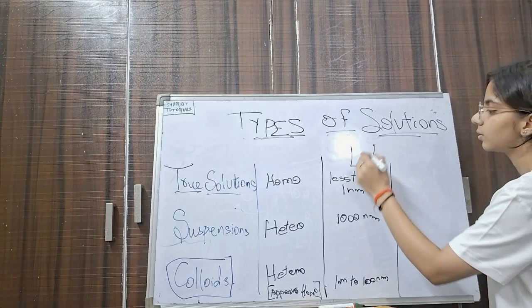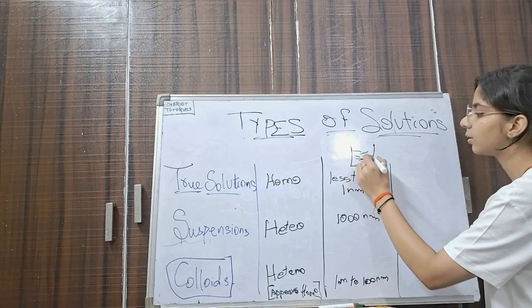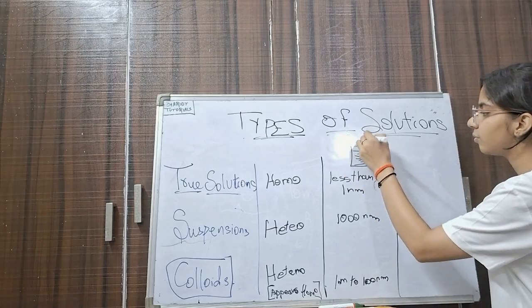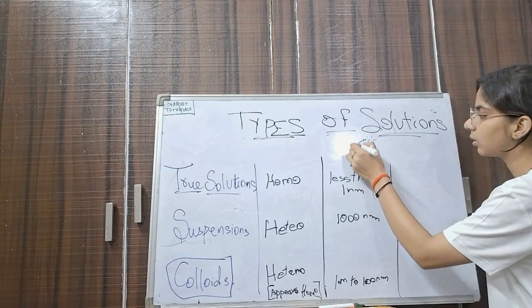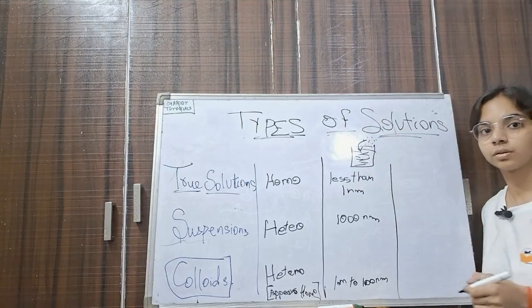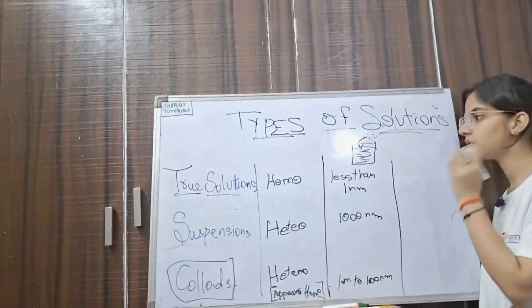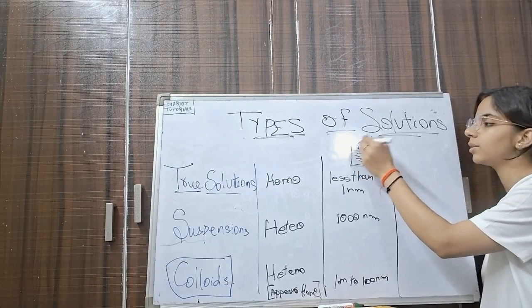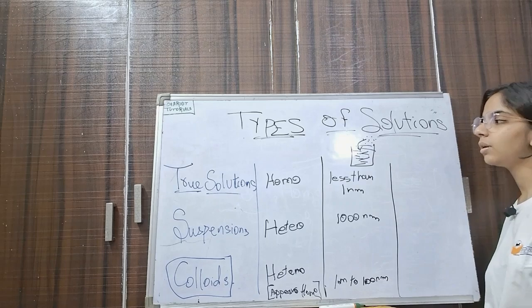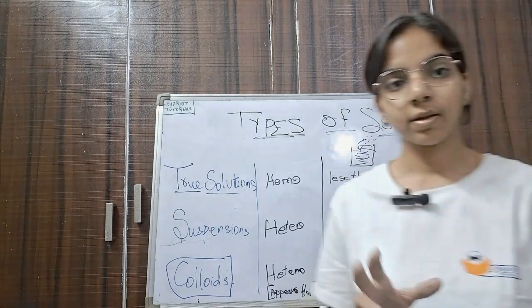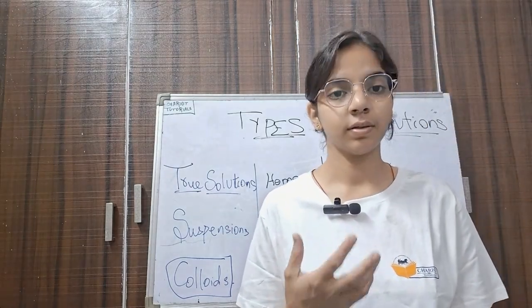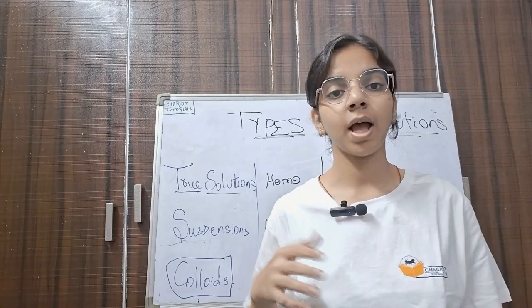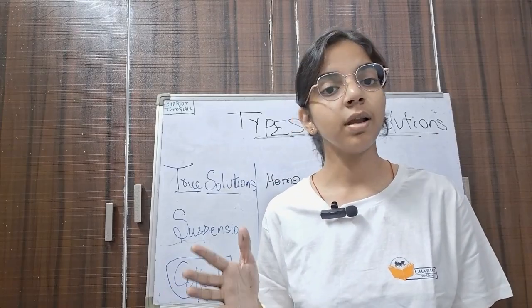Suppose this is water, and if you are adding sugar or salt in this solution, what will happen? Actually, these are so small that they get dissolved in this solution and disappear, making them appear same as before, right?